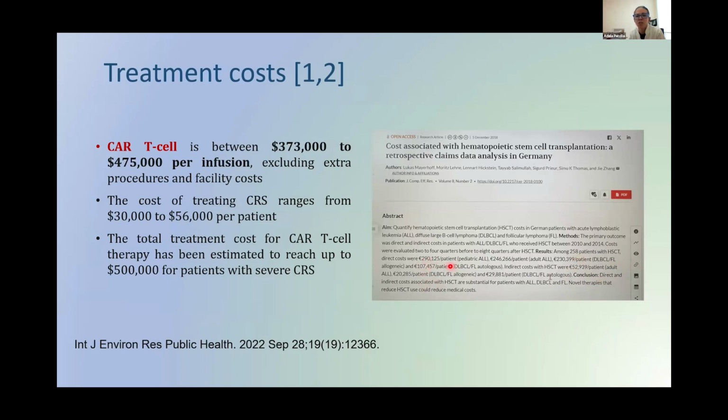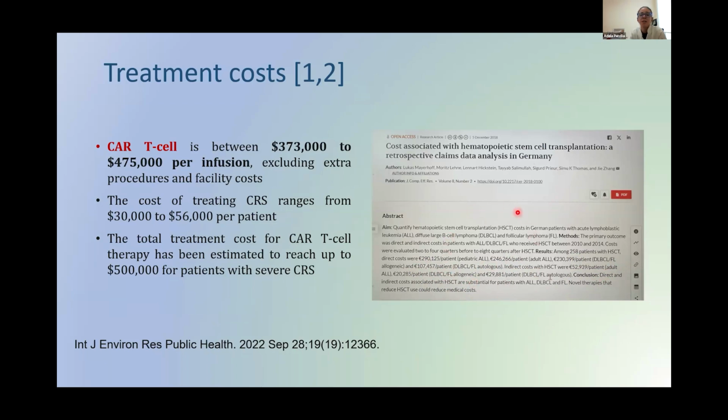300,000 euros per patient when we speak about acute lymphoblastic leukemia, pediatric acute lymphoblastic leukemia, and almost the same also in adults, also in diffuse large B-cell lymphoma, and a little bit less when we speak about autologous bone marrow transplantation in diffuse large B-cell lymphoma and follicular lymphoma.